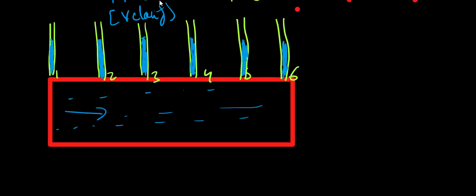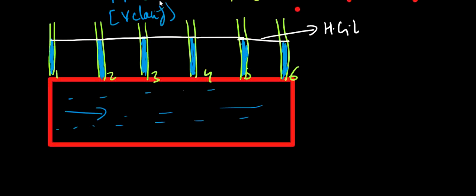If I connect all these points, all the piezometric heads, all the points that represent the pressure head plus datum head, then this line is called the HGL, or hydraulic gradient line.